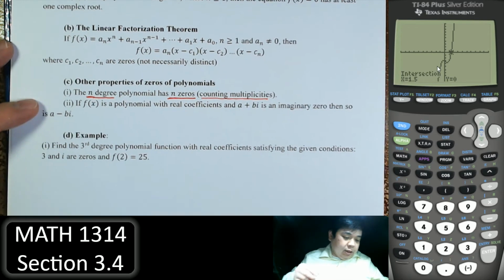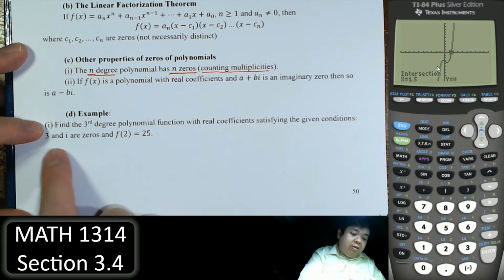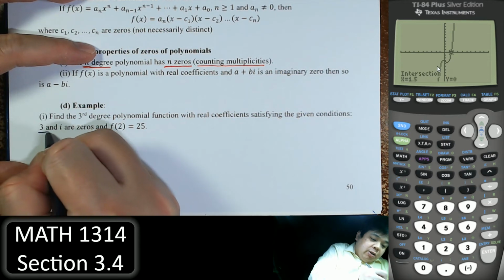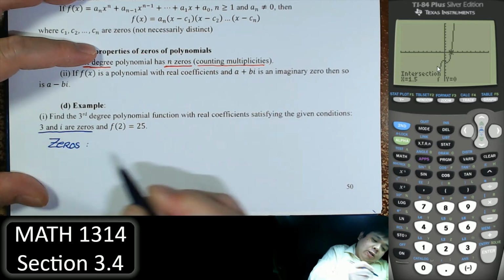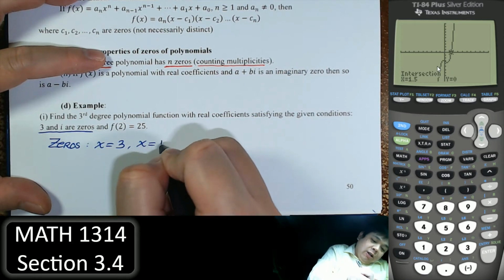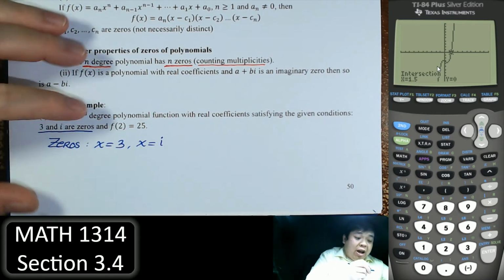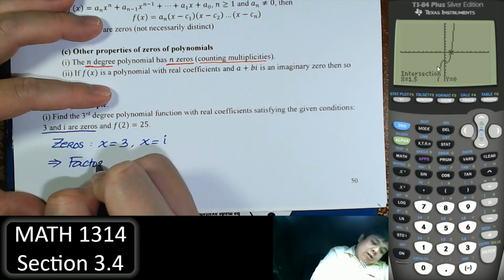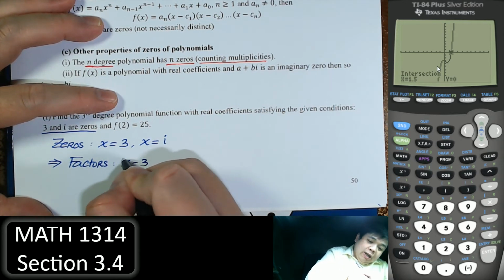Find the third degree polynomial function with real coefficients satisfying this. So first we have 3 and i as zeros, so let's say we have zeros x equal to 3, x equal to i. Now if those are the zeros, then x minus those will be factors, so the factors will be x minus 3 and x minus i.